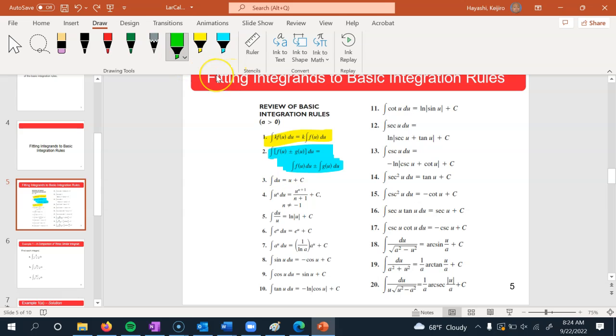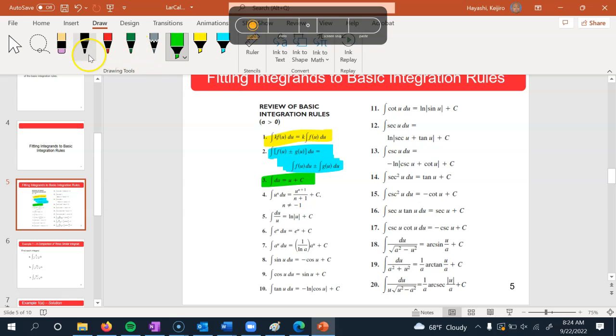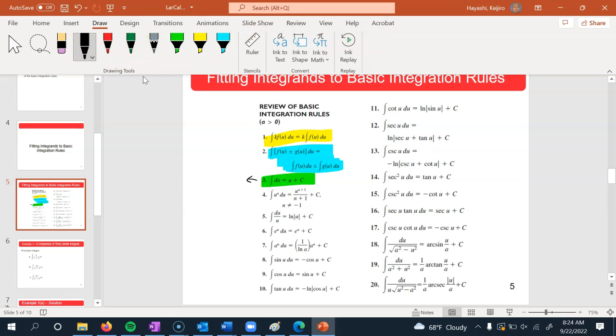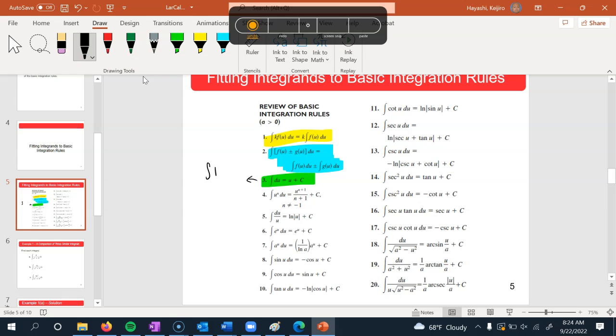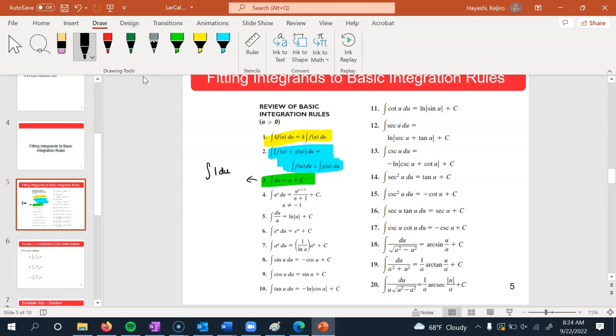The integral of du is u. Or in other words, it's u plus c. Or in other words, the integral of 1 du. Right, du is 1 du. That's u plus c. So you can also think of it as the integral of 1.